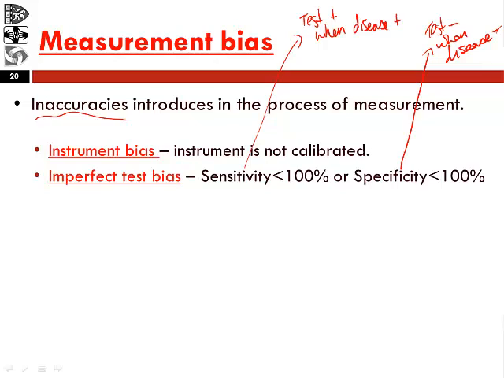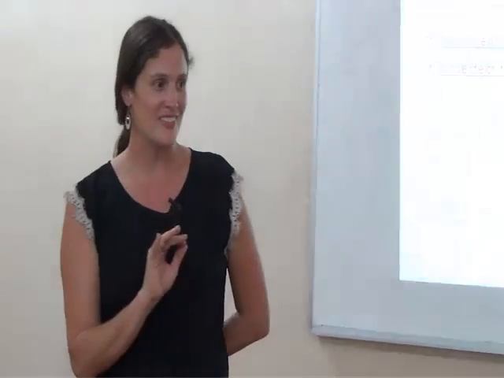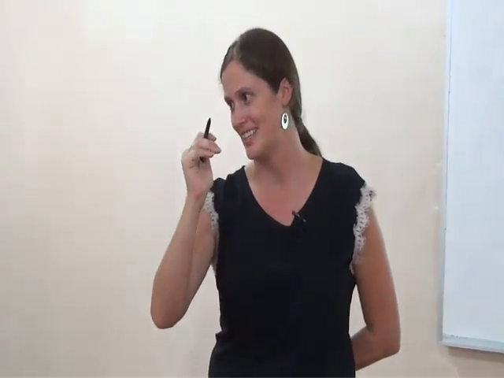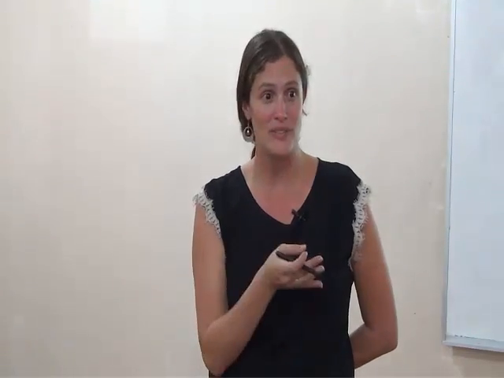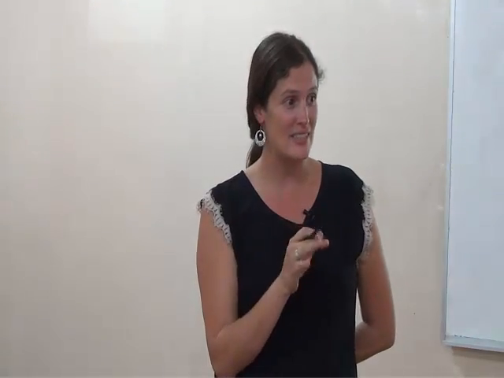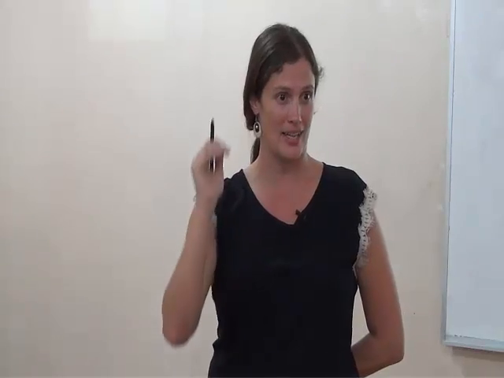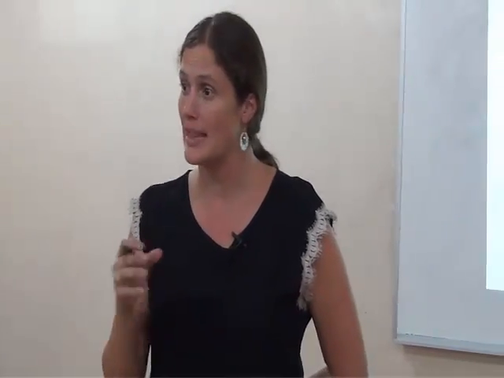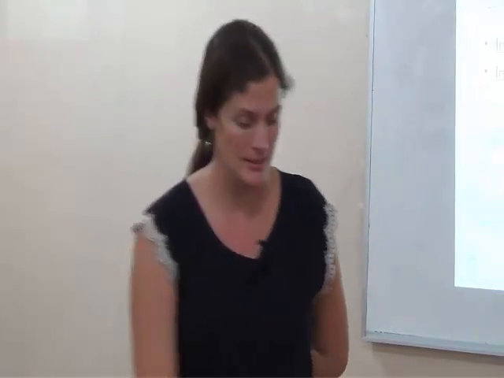So they really have the disease, but it says they're negative. Thankfully for HIV tests, the sensitivity and the specificity now are very, very high. But it used to be, 15 years ago, that the sensitivity and specificity were not so high. Okay? And so you have imperfect tests to be measuring what you want to measure. And that can introduce a measurement bias.